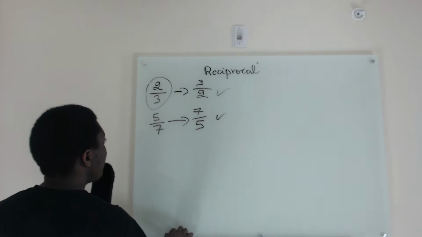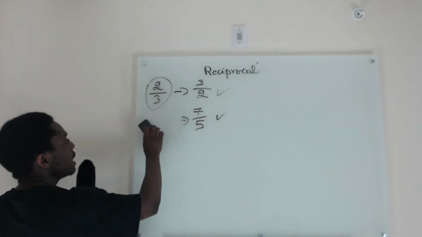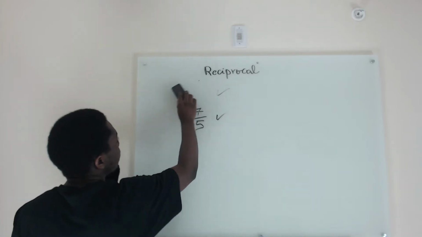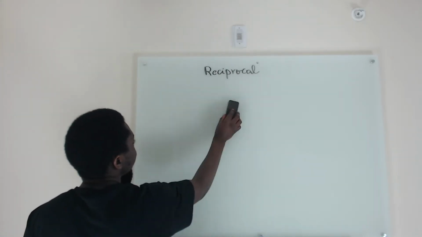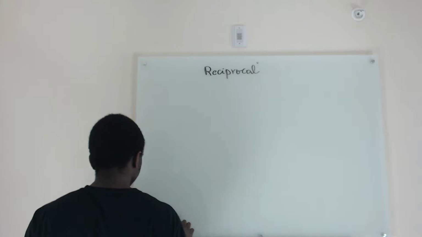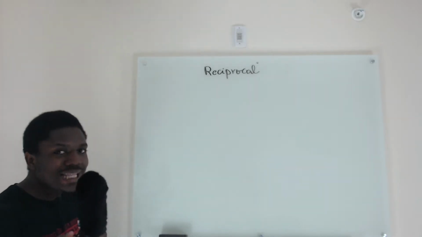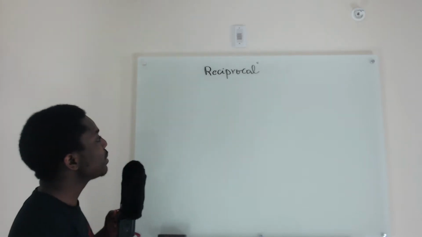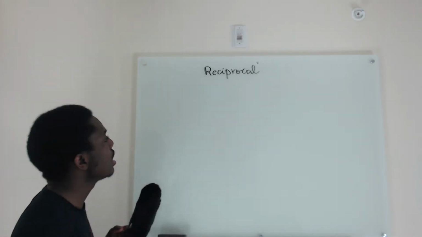So now, how about for numbers like 1, 2, 3, 4, 5, 6, and so on and so forth? So any number in mathematics can be written as a fraction.